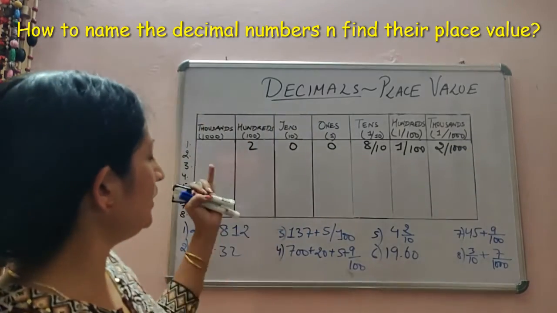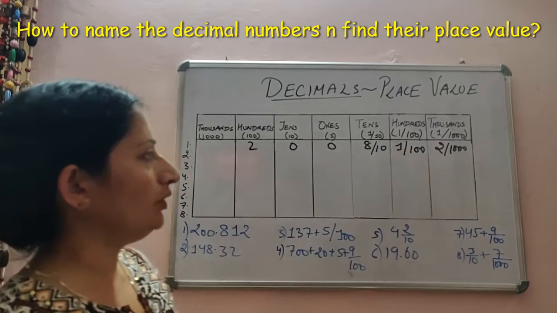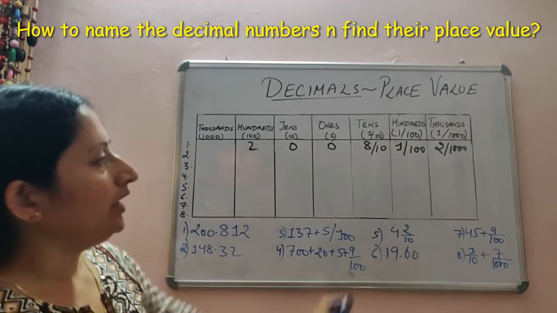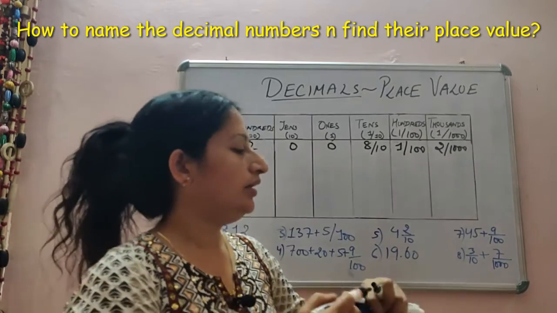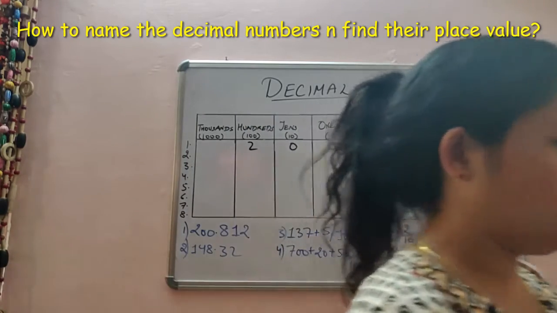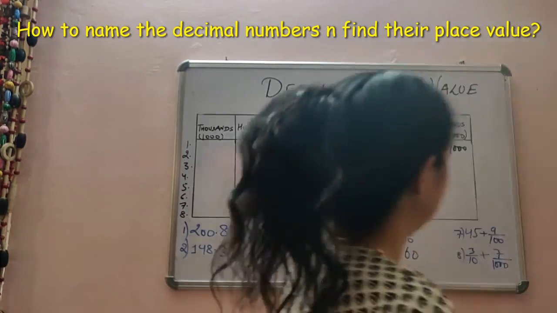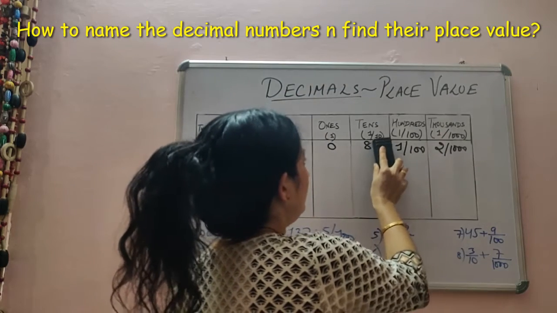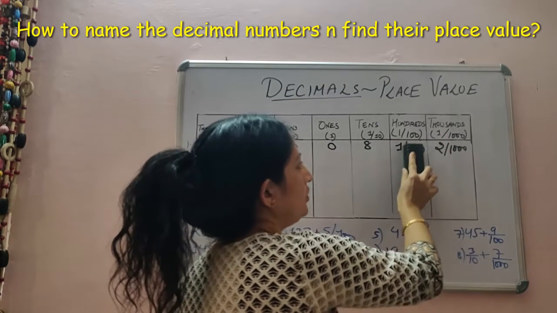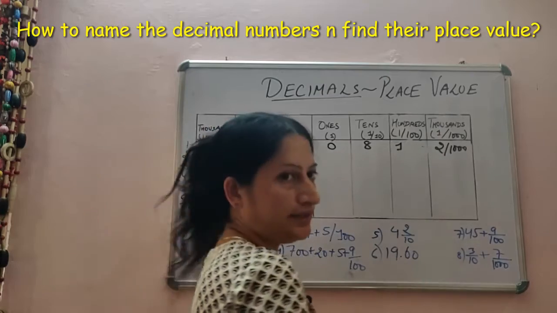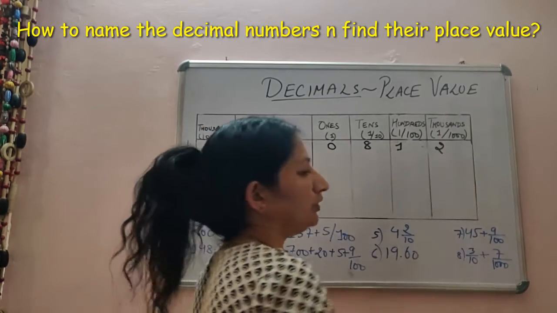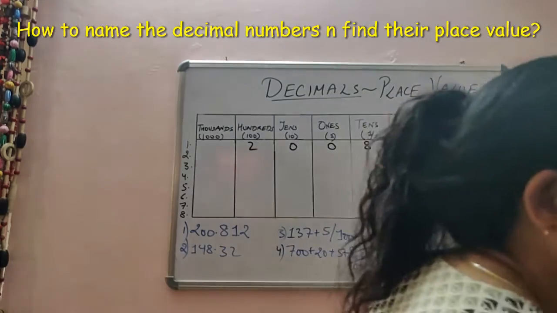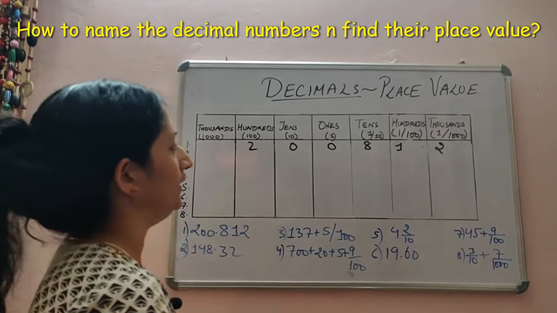Okay, so I hope students you have understood how these numbers are written. Here, if we don't mention this also, it's alright. You can write it like this, because you already know that this is in the tenths position, this is in the hundredths position, and this is in the thousandths position. So no need to write this, because we are finding out the place values.